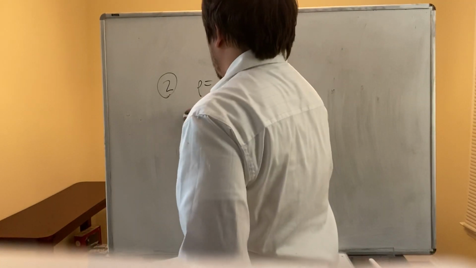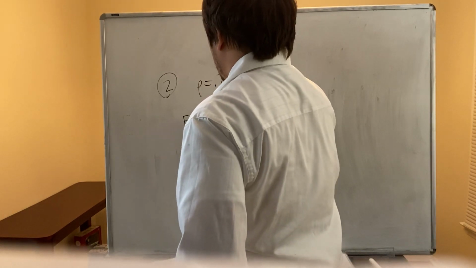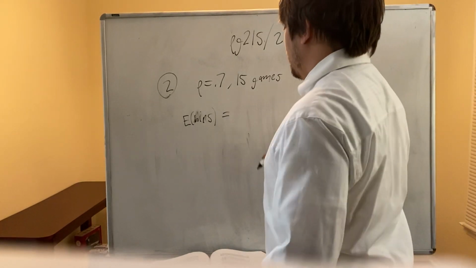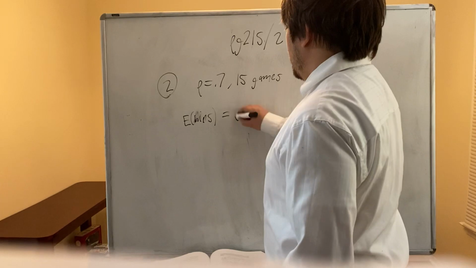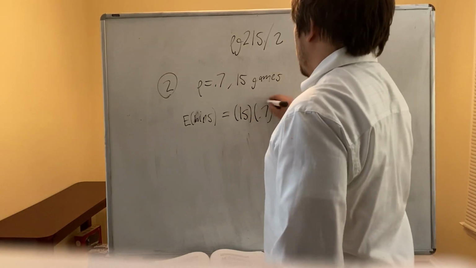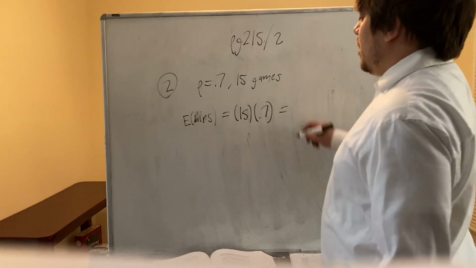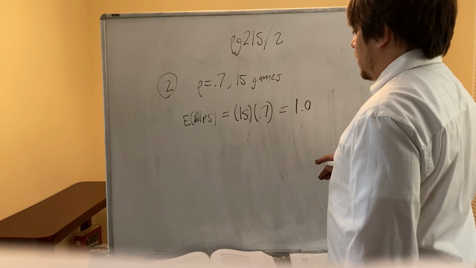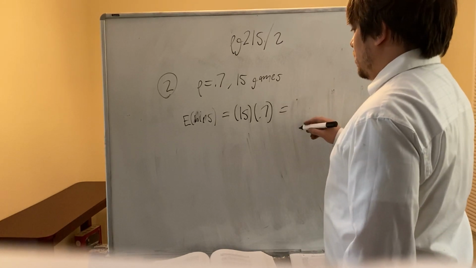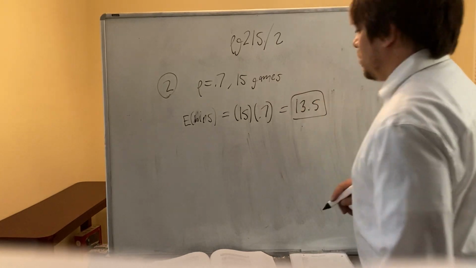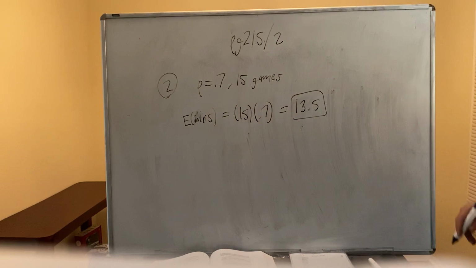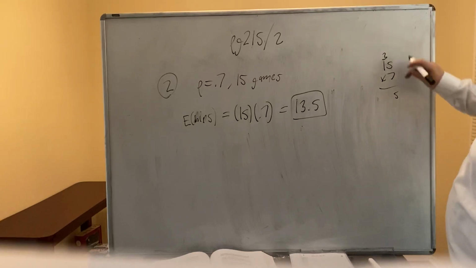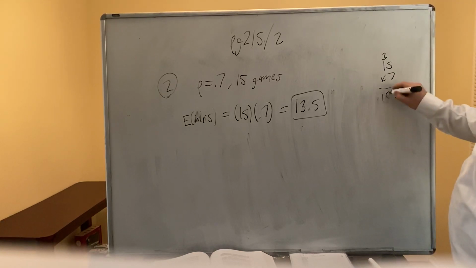Okay, so the expected number of wins. If the probability of a win is 0.7 and there are 15 games, the expected value of wins is the number of games, 15, times the probability of winning each game, which is 0.7. 15 times 7 is 105.